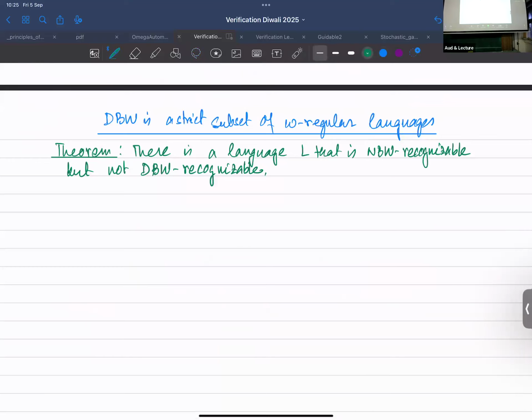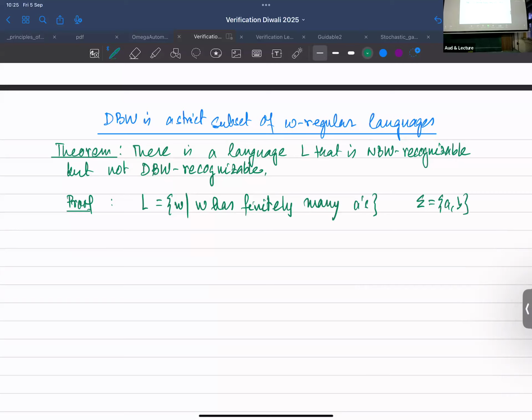Let's try to prove this. So suppose L is the set of words W such that W has finitely many A's, and my Σ is {A, B}.